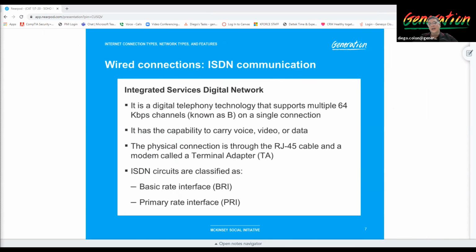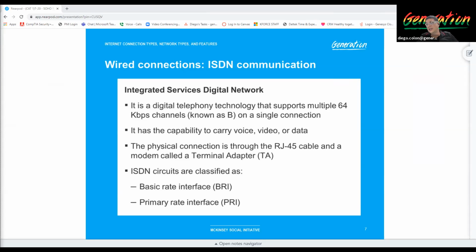Now, ISDN. ISDN again uses the PSTN, your public switched telephone network, to establish the connection, but this one is a digital technology. It has multiple 64 kbps channels, that's 64 kilobits per second channels. Those are known as, I think, the D channels, right? And the other one is the B channel, which is the single one itself.